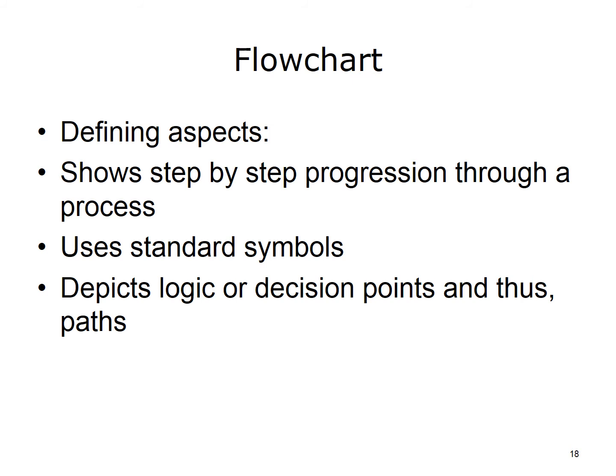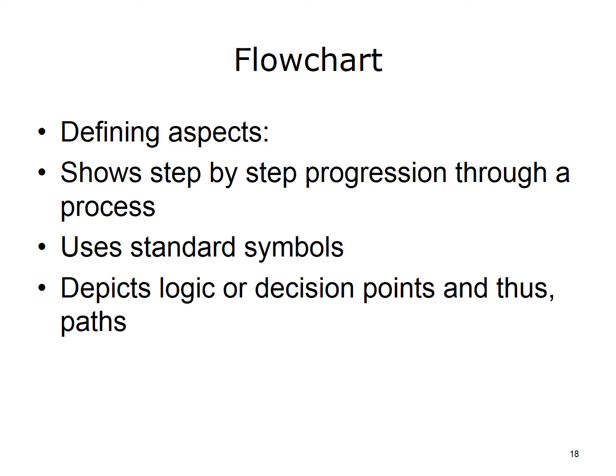Each communicates important aspects of flowcharts. For example, shows step-by-step progression through a process, uses standard symbols, depicts logic or decision points, and thus paths. Flowcharts are the most common type of process map and are easily understood by most people. Thus, they are widely used.